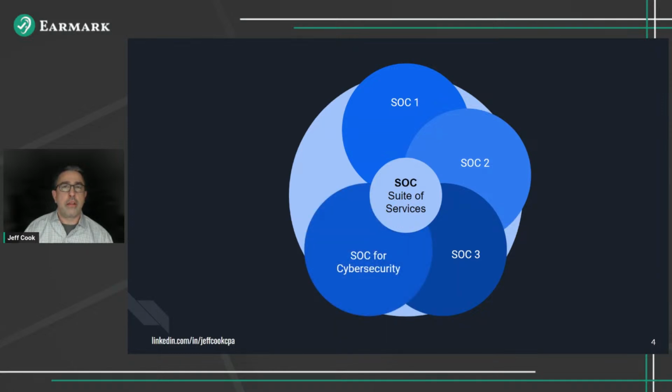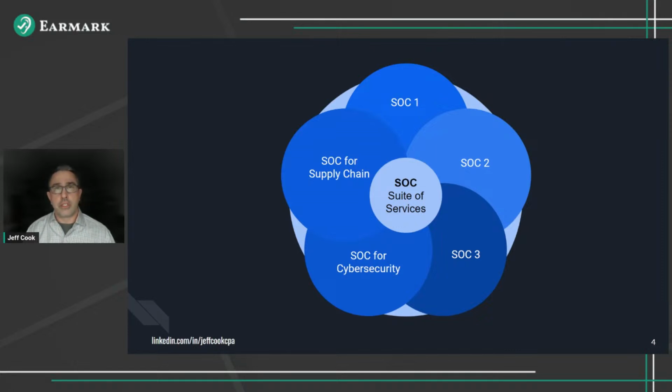We then have in the newer SOC offerings that came from the AICPA, SOC for cybersecurity, and also SOC for supply chain. So SOC for cybersecurity is similar to a SOC 2 in that it does focus on security, but think of it more of a cybersecurity risk management program for an entity as a whole, or it could be specific divisions at larger entities, but let's just stick with for an entity as a whole for now.